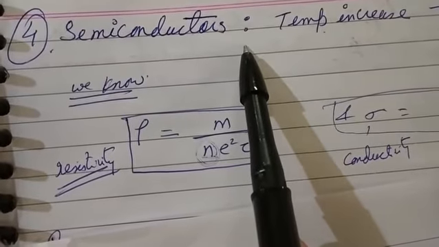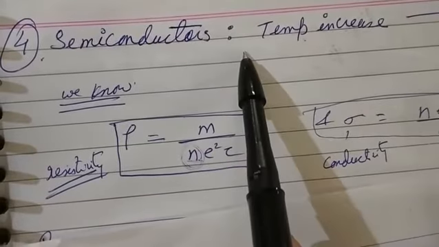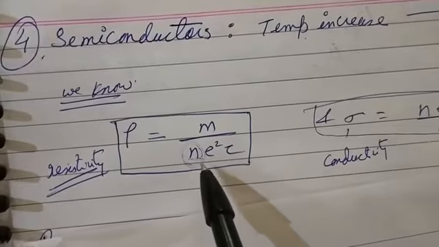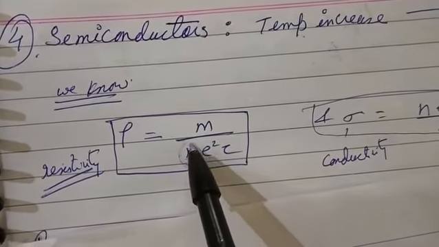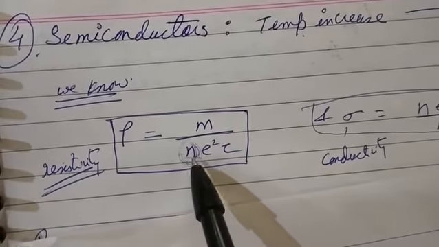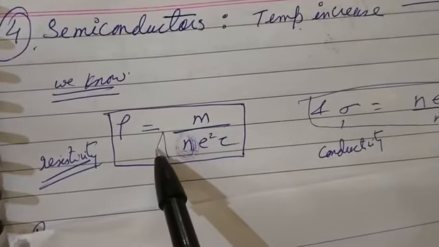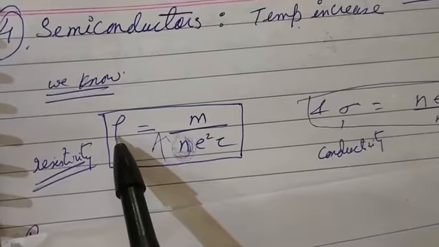Atoms will eject out electrons, so the number of electrons per unit volume, that is electron density n, increases. If this increases, resistivity will decrease.